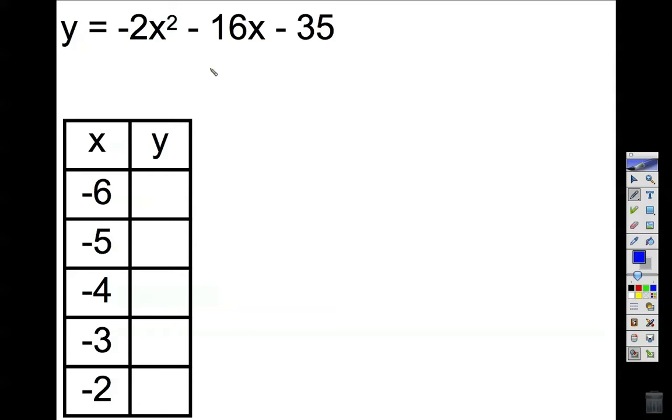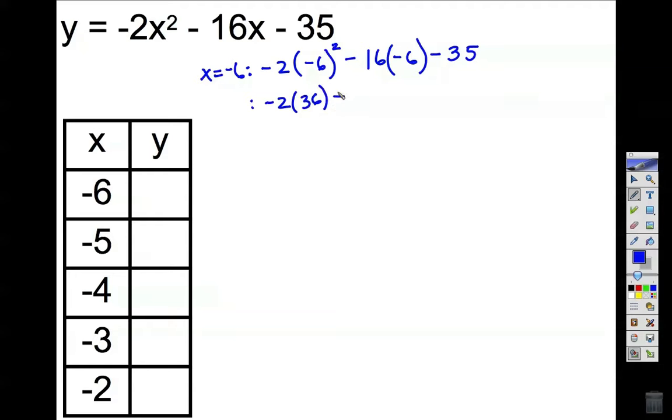So when x equals -6, I have -2 times -6 squared minus 16 times -6 minus 35. That means it's -2 times 36 plus 96 minus 35. When you do this all in the calculator, y is equal to -11.